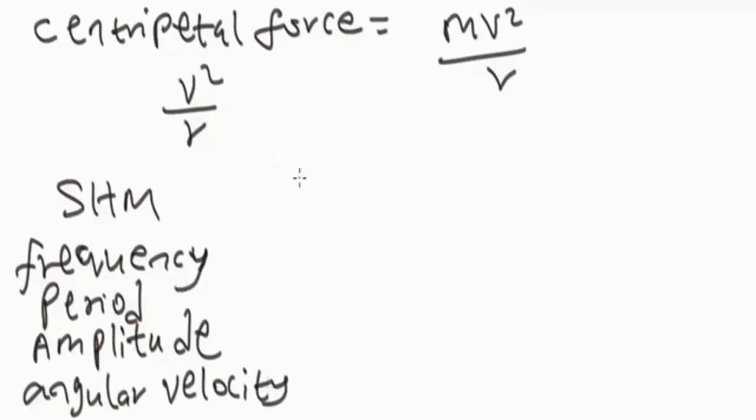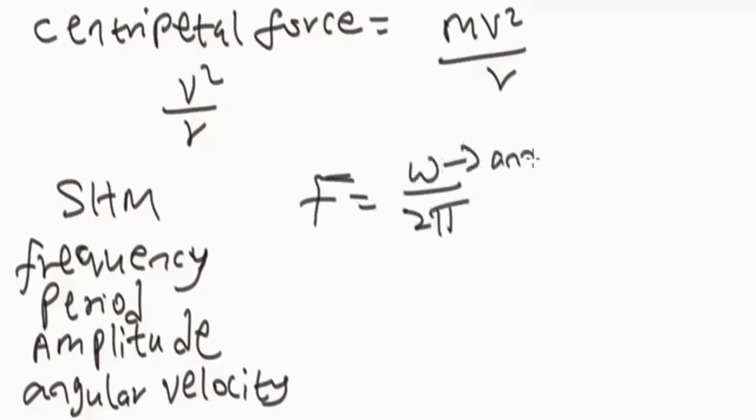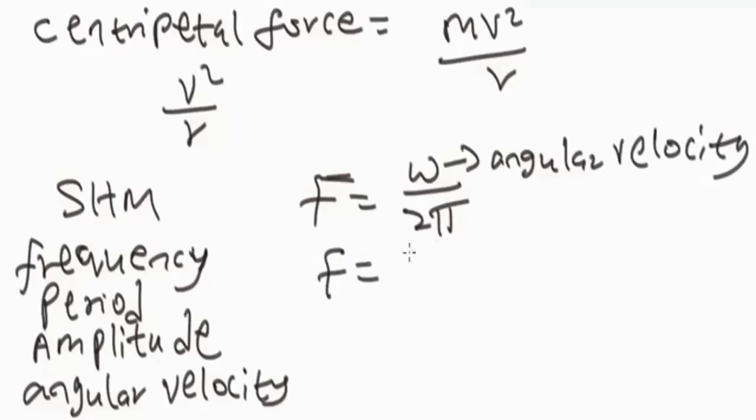Frequency in simple harmonic motion simply refers to the number of oscillations per unit time of a body undergoing simple harmonic motion. Frequency is calculated using w over 2 pi, where w is the angular velocity. Frequency can also be seen as the inverse of period T.